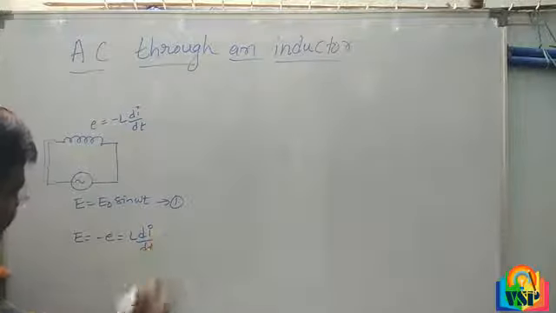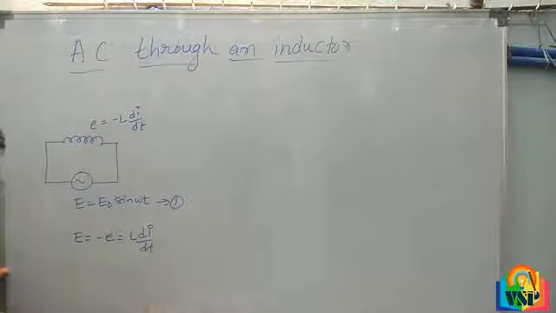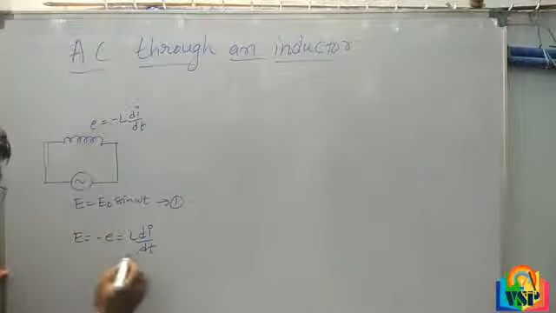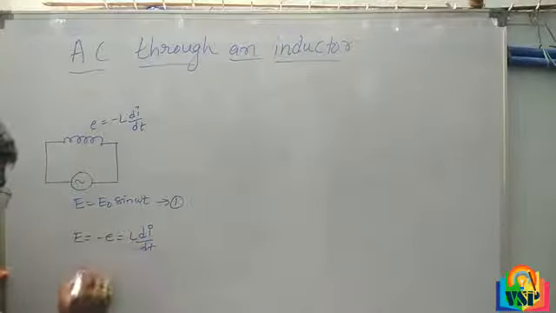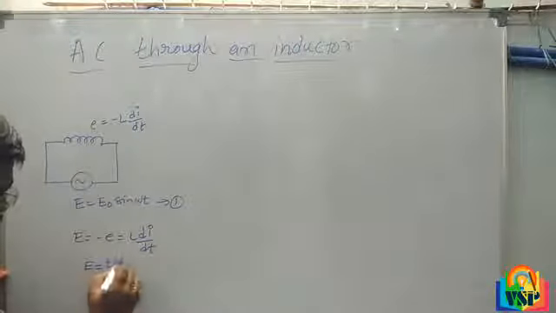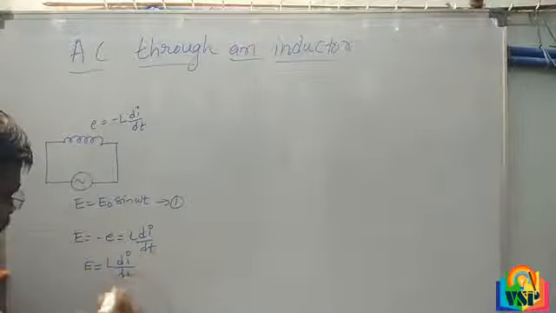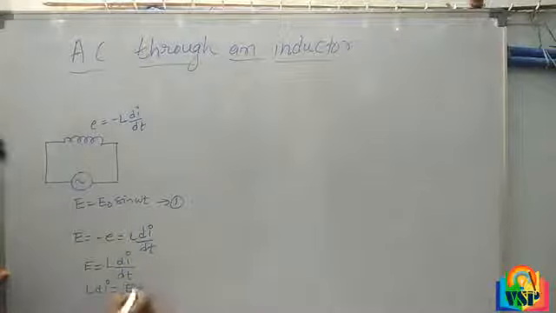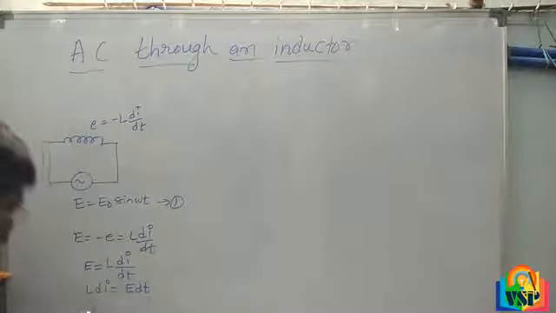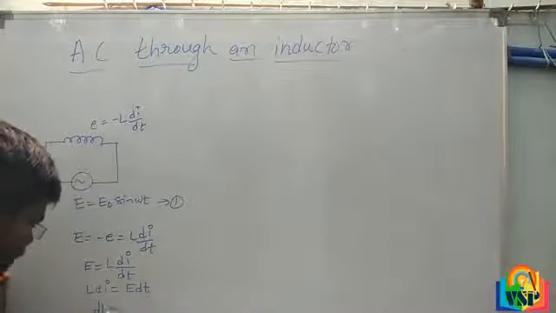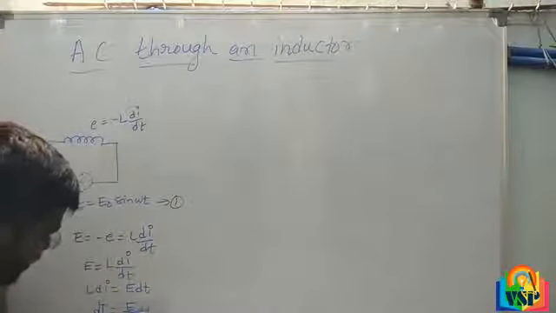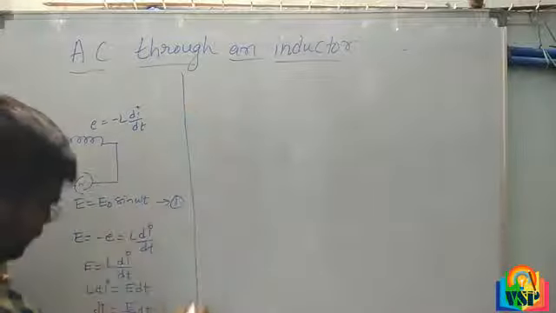So in the form of current, E is equal to L di by dt. Understand? L di is equal to E dt. di is equal to E by L dt.